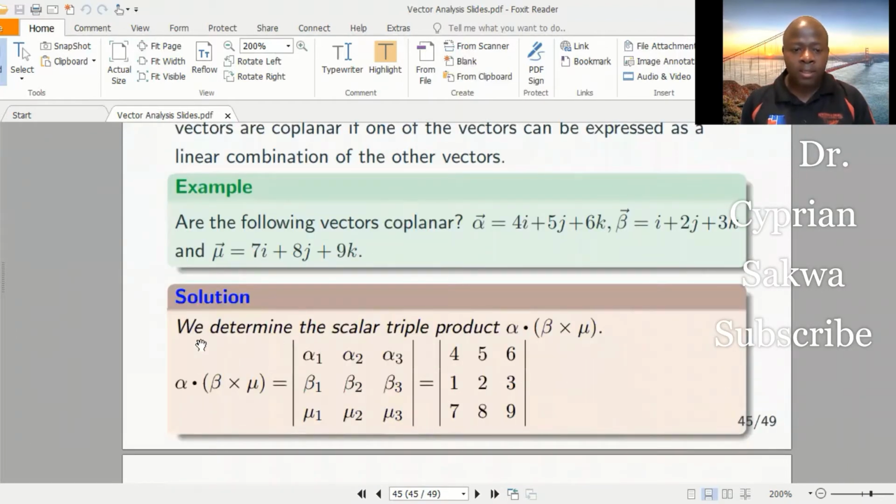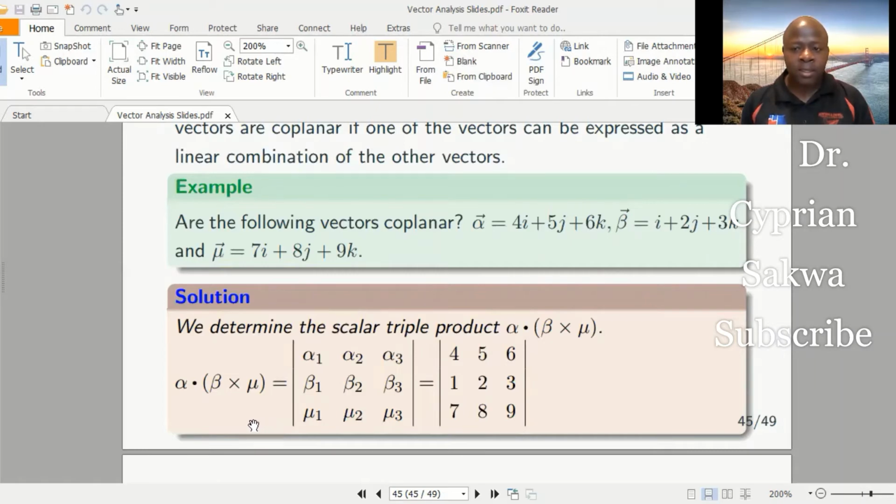So let's determine the scalar triple product. That is alpha dot beta cross mu. You can also get beta dot alpha cross mu, or you can get mu dot alpha cross beta. It's no problem. You can find any of that.